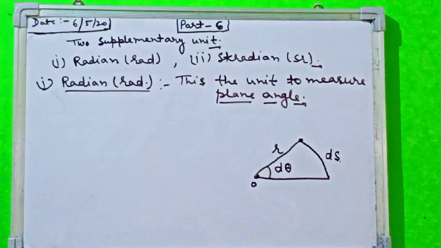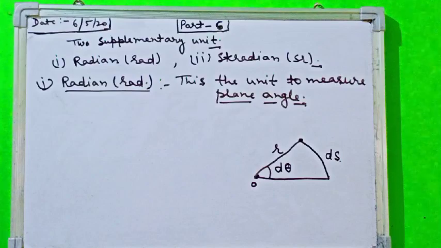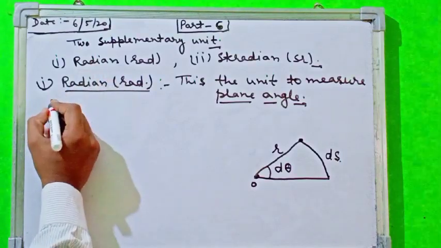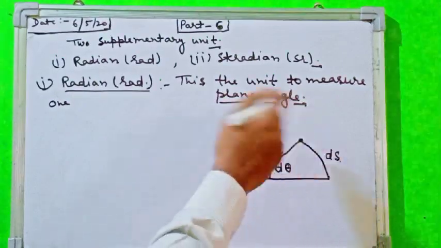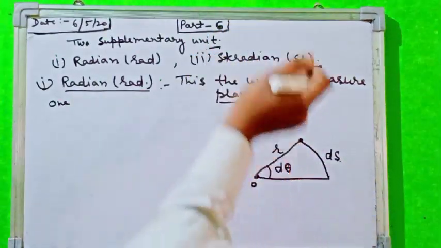Now this plane angle can be defined as 1 radian. We will discuss the formula regarding this plane angle also.